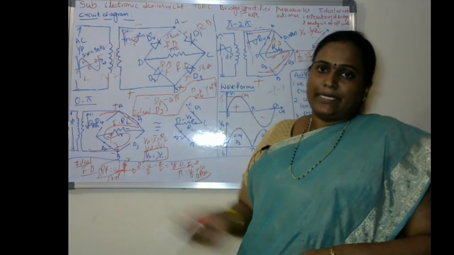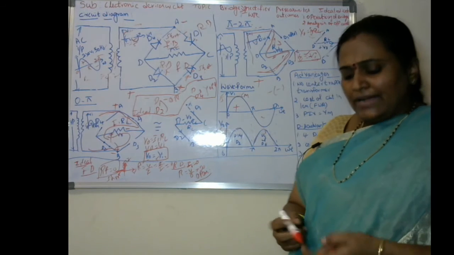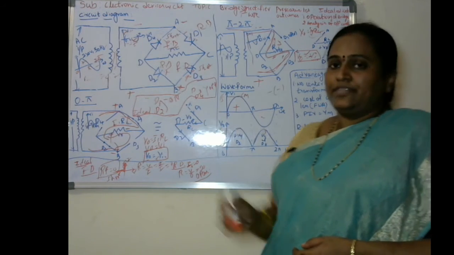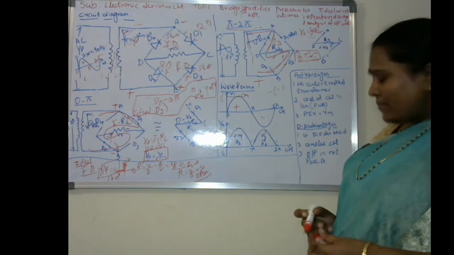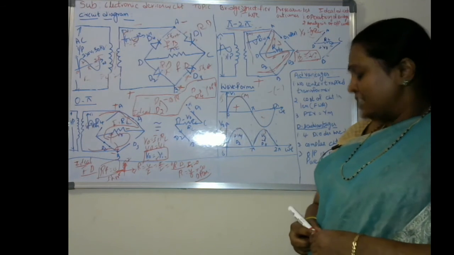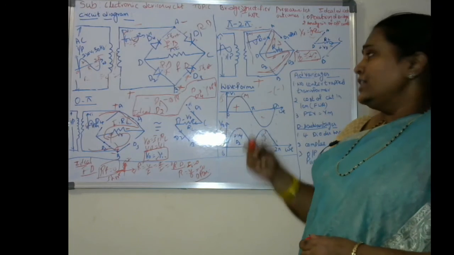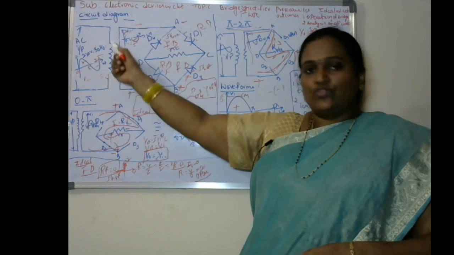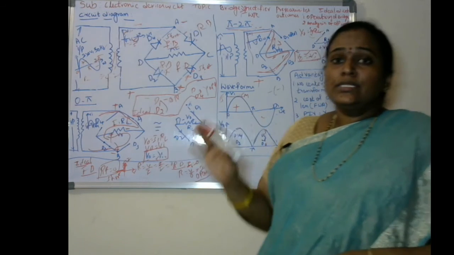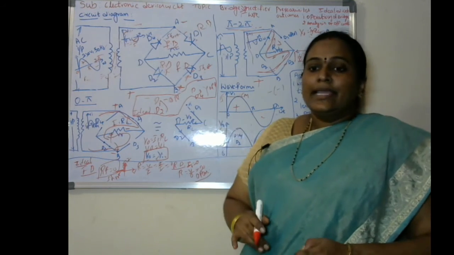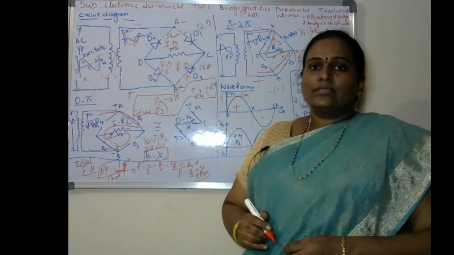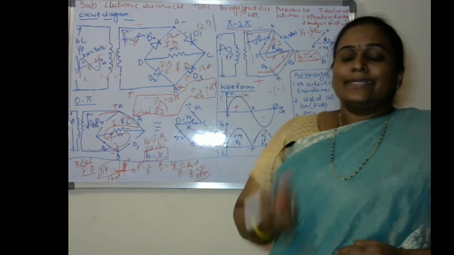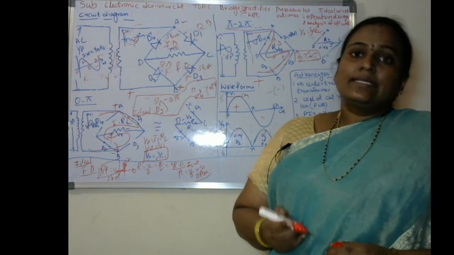0 to 3 pi. Next, we have to discuss the advantages and disadvantages of the bridge rectifier. The first advantage of the bridge rectifier is that, if you observe, we are using only the step down transformer. We are not using the center tap transformer. In the previous lectures, we discussed that in the full wave rectifier we use a center tap transformer. That is the costliest one.